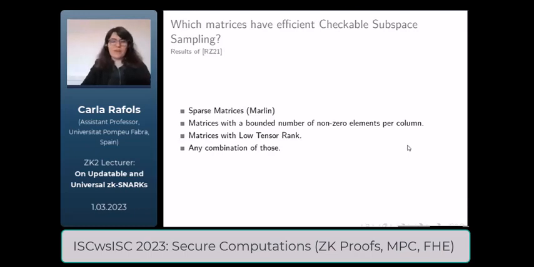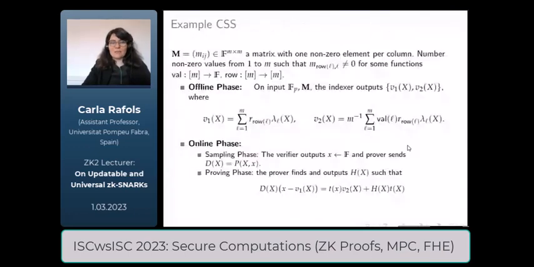Then we also have some theoretical results that tell you that for matrices with low tensor rank, you can also do that, or any combination of those. Here is an example of a checkable subspace sampling for sparse matrices. I will not really describe the details, but this is the simplest checkable subspace sampling that we have, which is for sparse matrices.